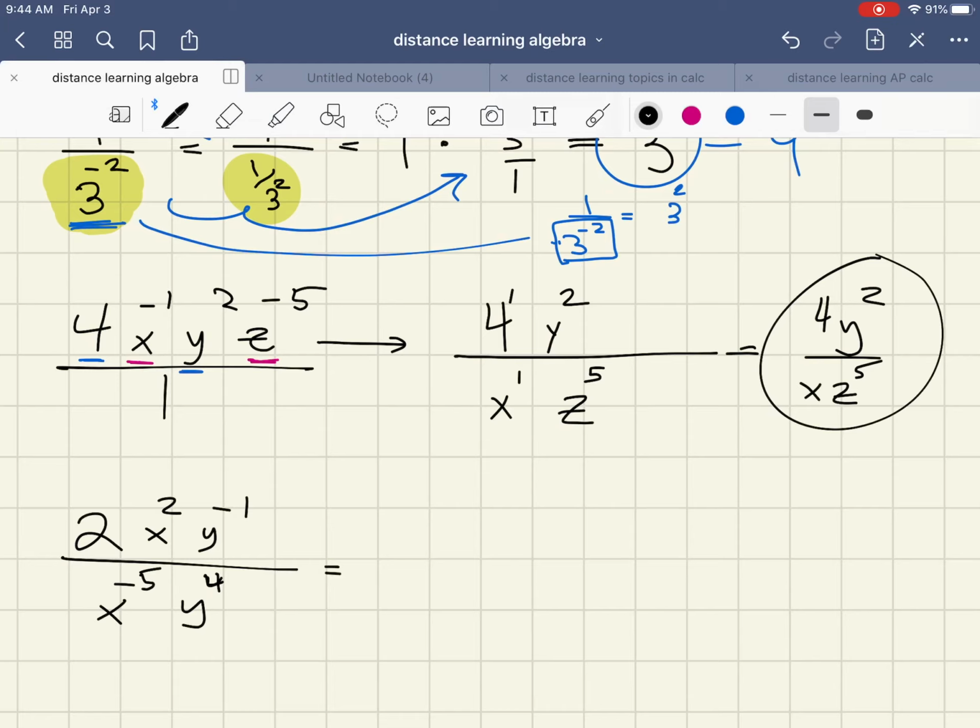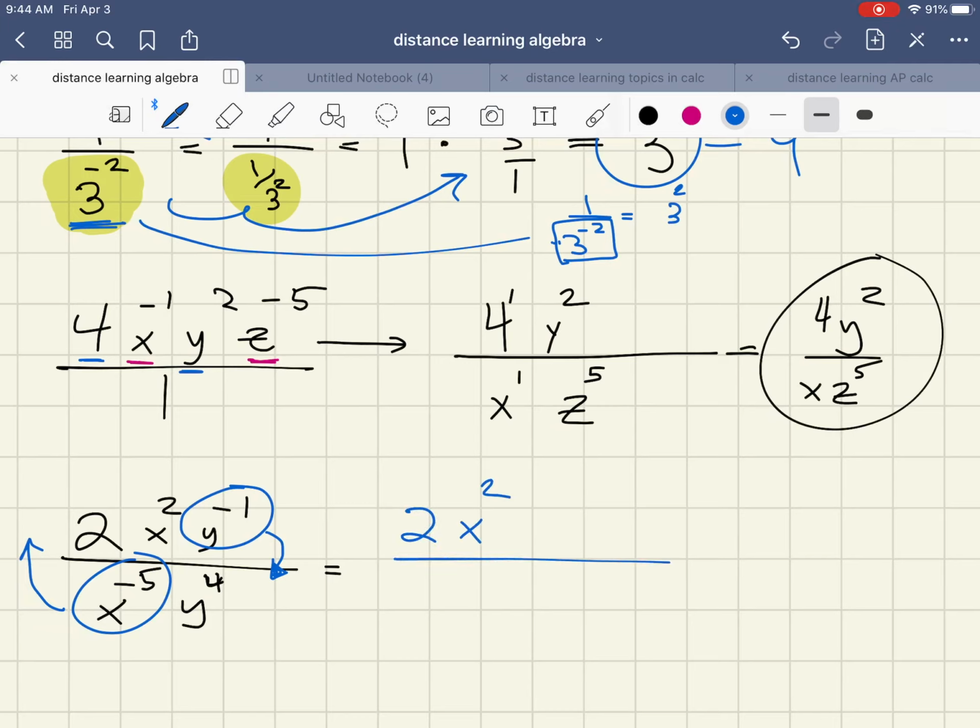This next problem, there are other rules that you may already know that you could use here. But what we're really talking about is this negative exponent piece. So these two pieces are in the wrong location. I'm going to move the x to the negative 5th out of the denominator. I'm going to move the y to the negative 1 out of the numerator.